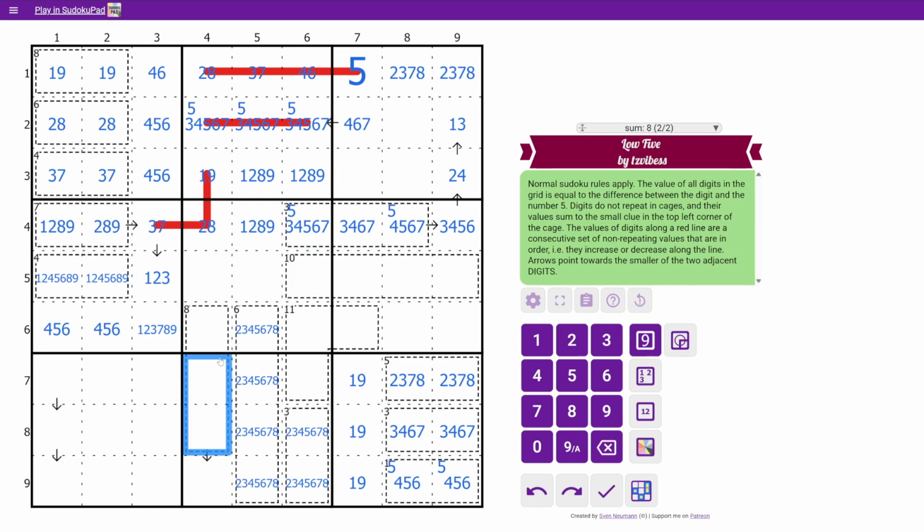Can this be a 4, 2, 2? Yes. I think so. Or else it would be a 1, 3, 4. Or I guess it could be a 4, 4, 0. No, it cannot be a 4, 4, 0. Oh wait, yeah, it could. Oh, it can't have a 3 though.